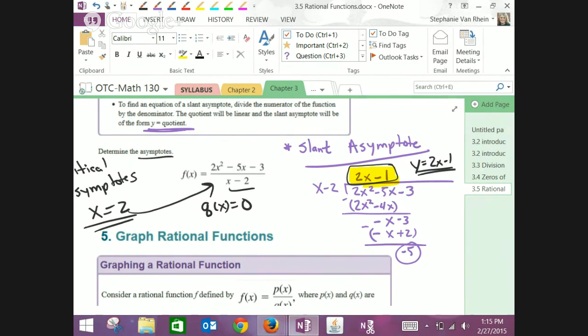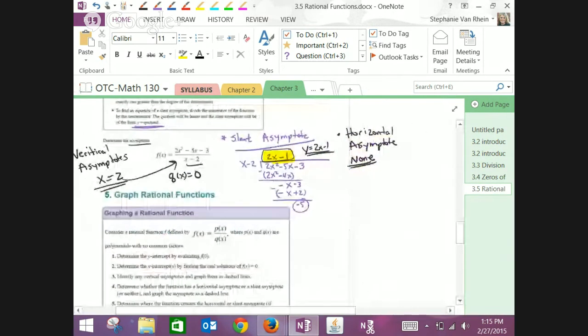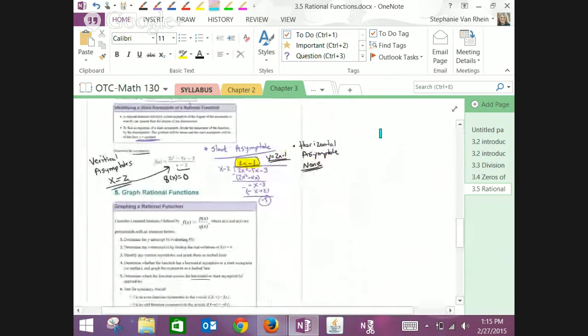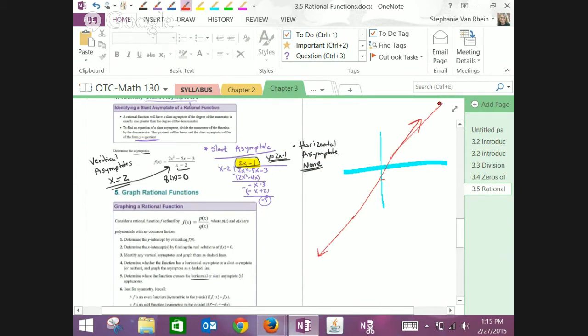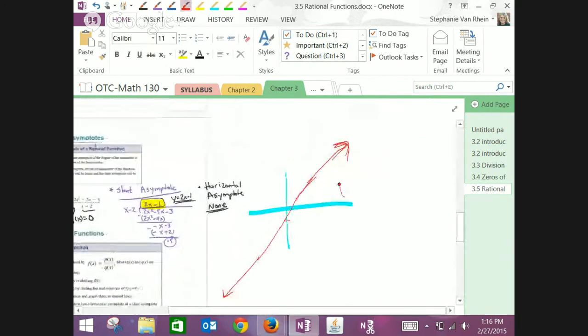So if I was to graph this function, what a slant asymptote means is a line with a y-intercept of minus 1 and a slope of 2. As this function gets really large, it's still going to go off to infinity or minus infinity, but it's going to approach this line in some manner.